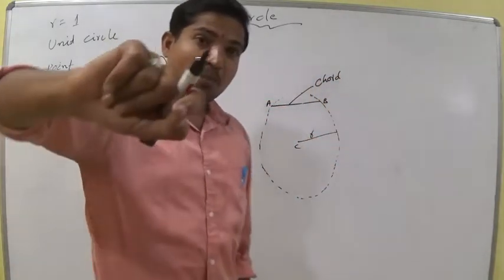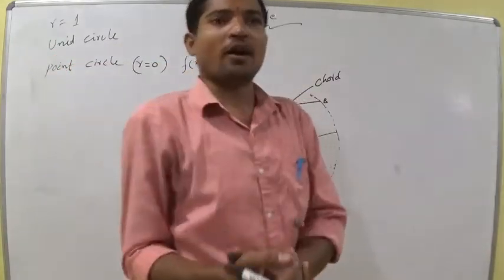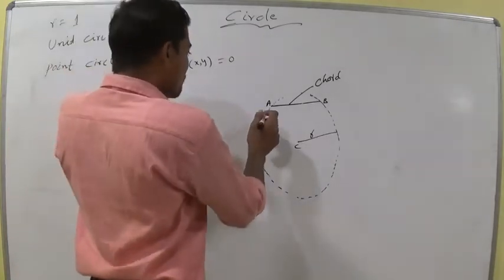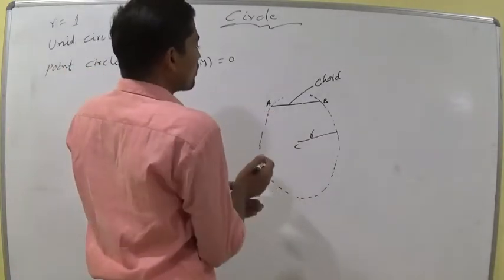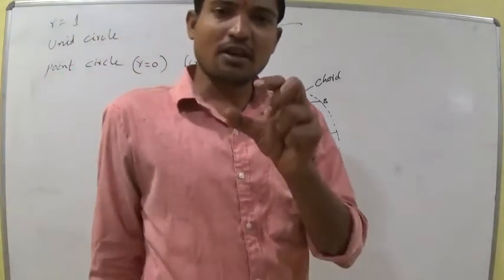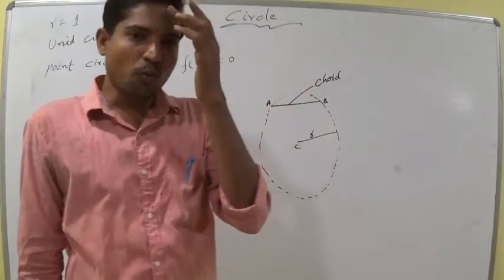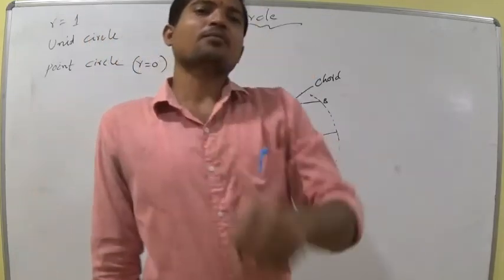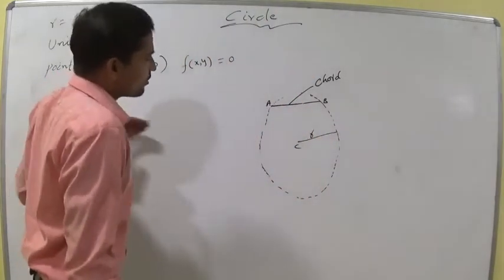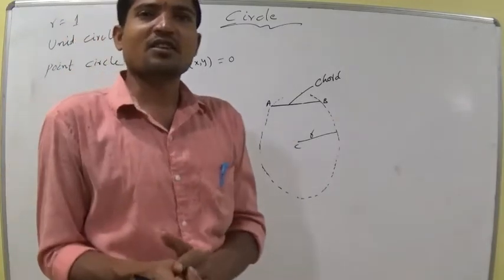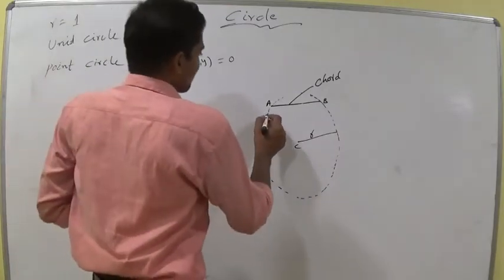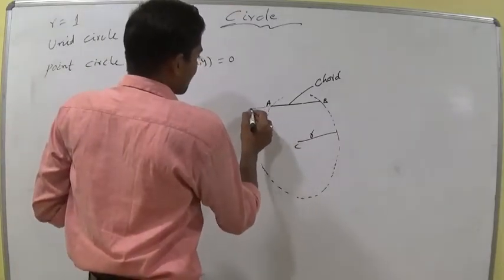The line passing through 2 points of a circle, here A and B, is called a secant to a circle.